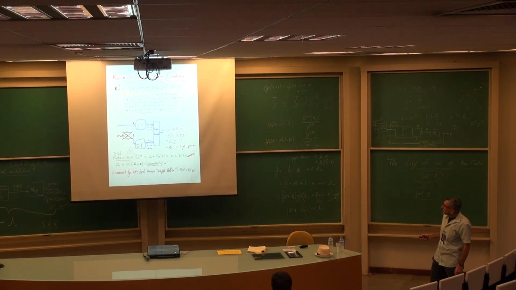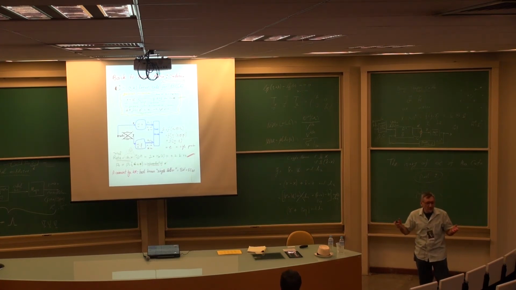And the rate would be just sending the syndrome, which is 2 times the entropy of Z, which is 0.2. So I don't get the 0.1, but I get 0.2 bits instead of 2 bits or 1.1.